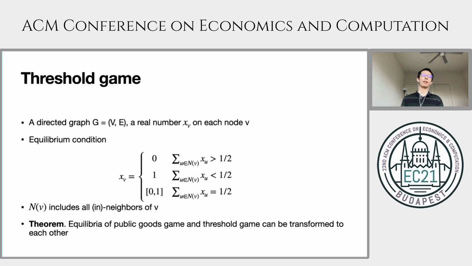And finally, xv can be any number between 0 and 1 if the summation of its neighbors is exactly equal to 1/2. We prove in our paper that the equilibria of public goods games and threshold games can be transformed into each other.